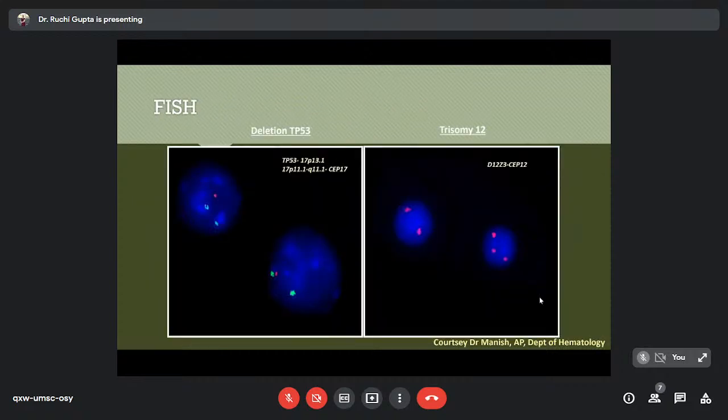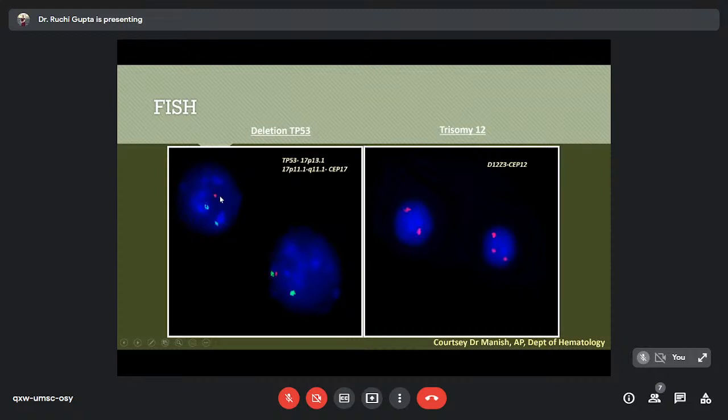This is one of the FISH images from our center, thanks to Dr. Manish, who set up the cytogenetics lab in our department. These are the probes which are labeling the centromere of chromosome 17 and the short arm.